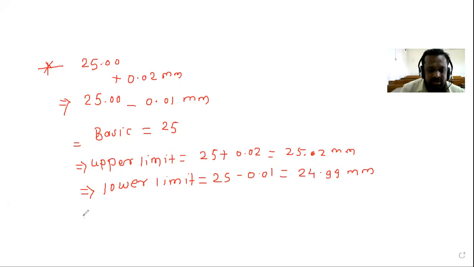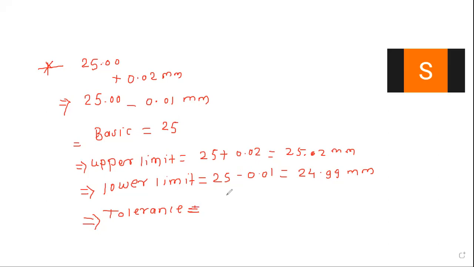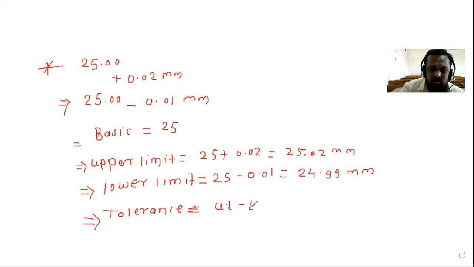Then please tell me the tolerance. What is meant by the tolerance? Yes, tolerance is nothing but the algebraic difference between the upper limit and lower limit. Good. It is the difference: upper limit minus lower limit.